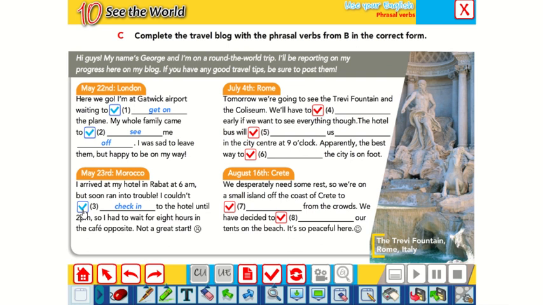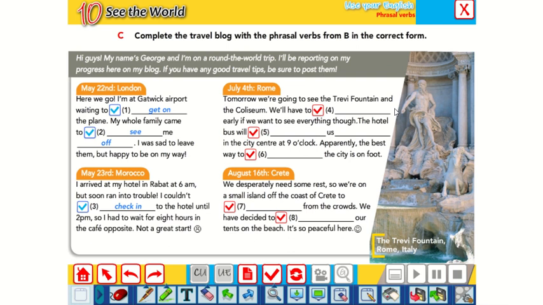Now let's go to the next post. July 4th, Rome, which is the capital city of Italy. Tomorrow we're going to see the Trevi Fountain and Colosseum. We will have to space early if we want to see everything through.